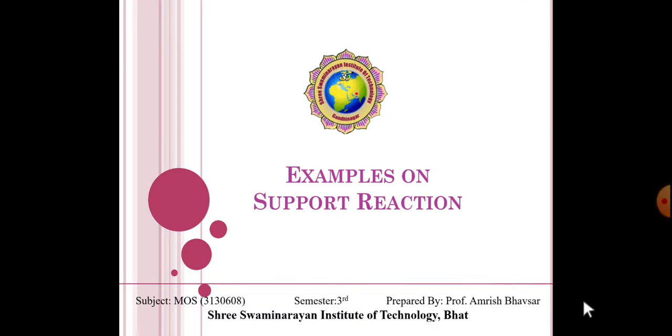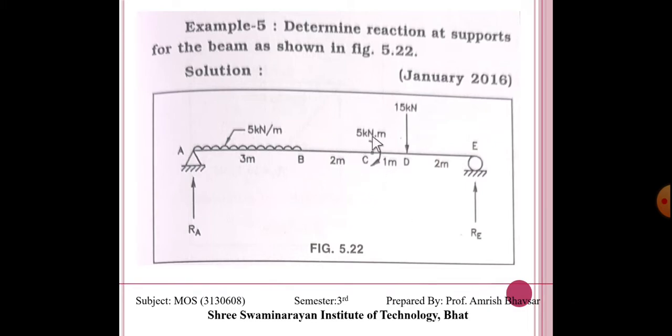Now, today we are going to study some different types of beams loaded with different types of loads. So, how can we calculate? For that, let's see. Here we have one simply supported beam.